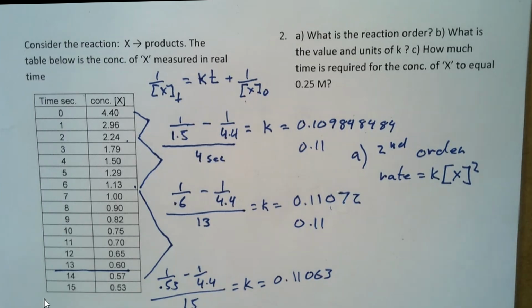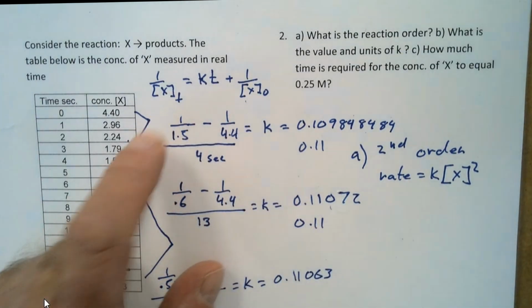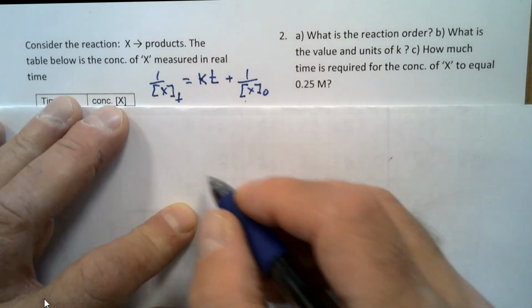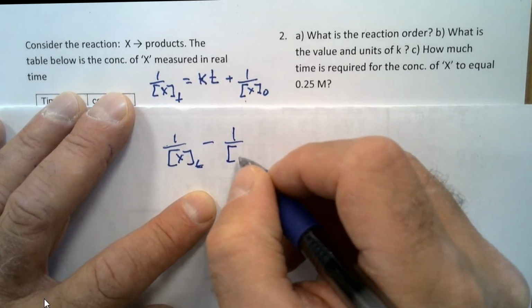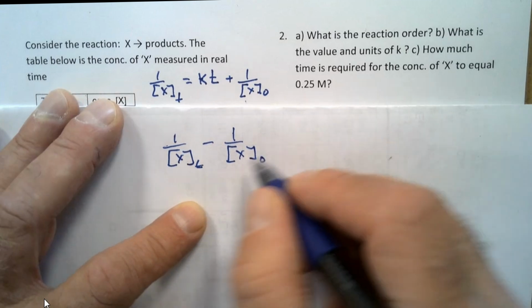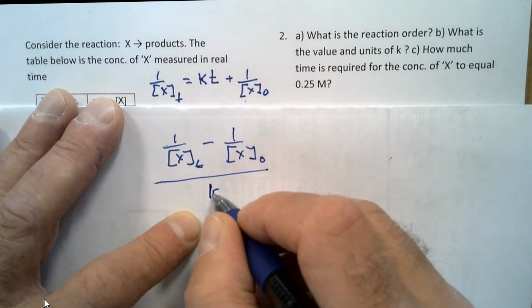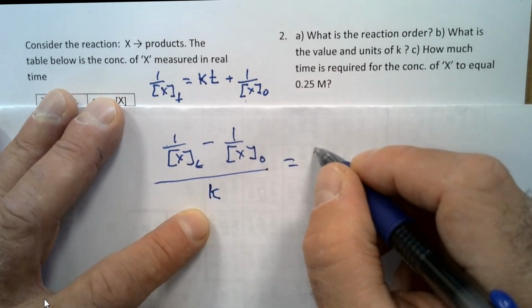So how much time is required for the concentration of X to equal 0.25 molar? We're going to use the same equation, rearranged in terms of time by subtracting 1 over X sub 0 from each side and then dividing by the rate constant. That's going to equal time.